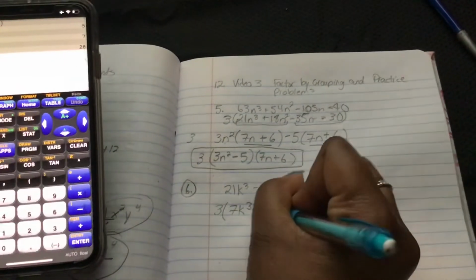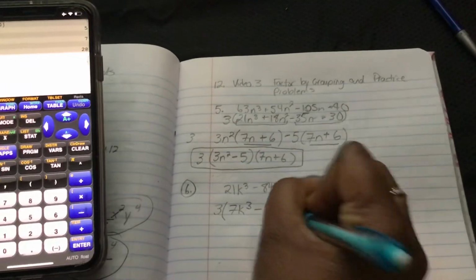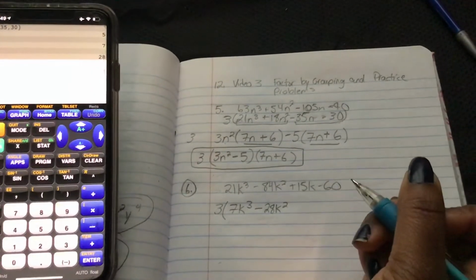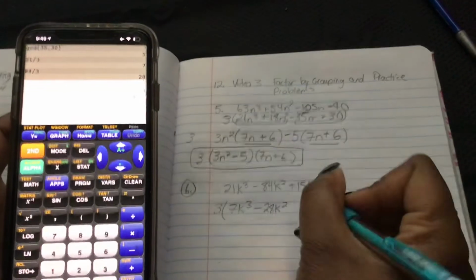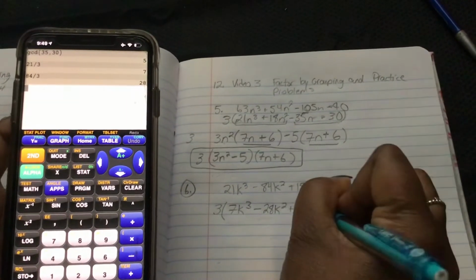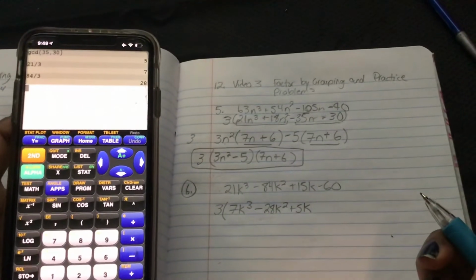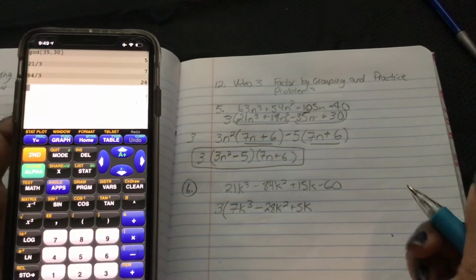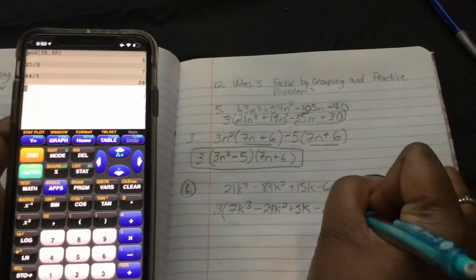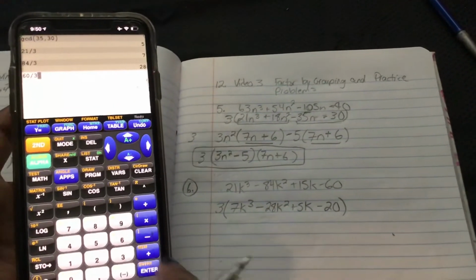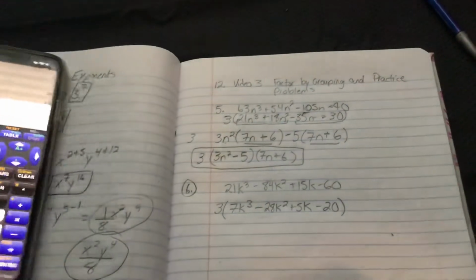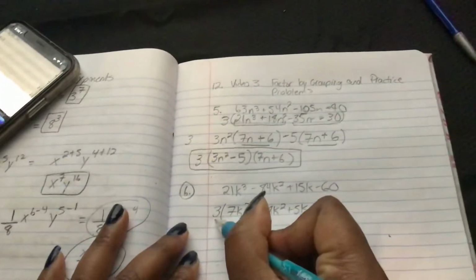That gives us 28k to the second. 15 divided by 3. That gives us 5k. And then, of course, you got 20 here. Okay? 60 divided by 3. Okay? All right. So we took out a 3.